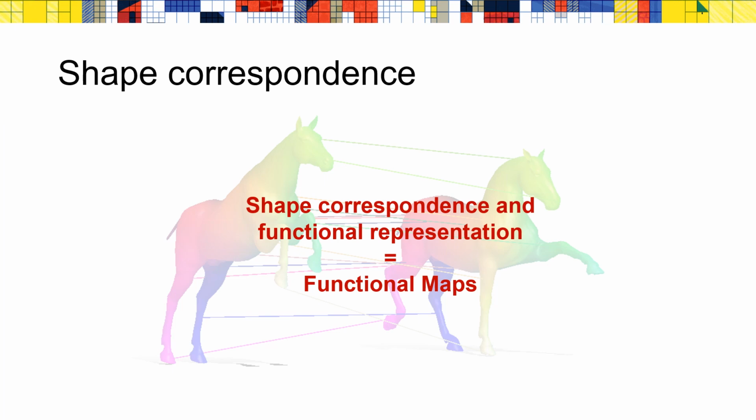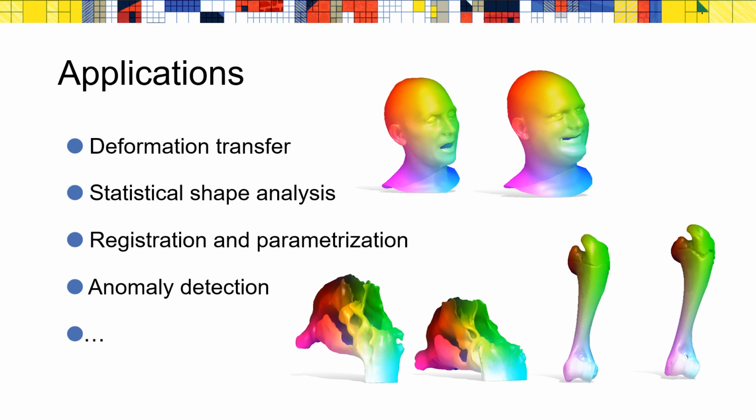We will see functional maps during this lecture, but let's see some applications for shape correspondence. Standard applications are deformation transfer in the context of animation, statistical shape analysis, registration and parameterization, and anomaly detection in the context of medical imaging.